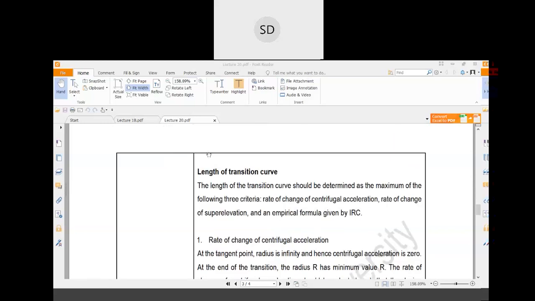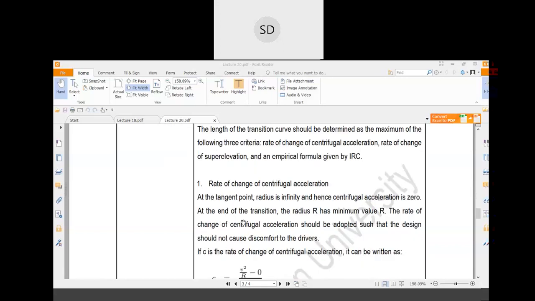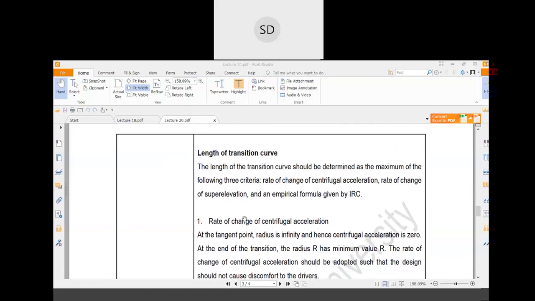So in the design of the length of the transition curve, there are three conditions. One condition is the rate of change of centrifugal acceleration. The second condition is the rate of introduction of the super elevation. And the third condition is as per the IRC empirical formula.